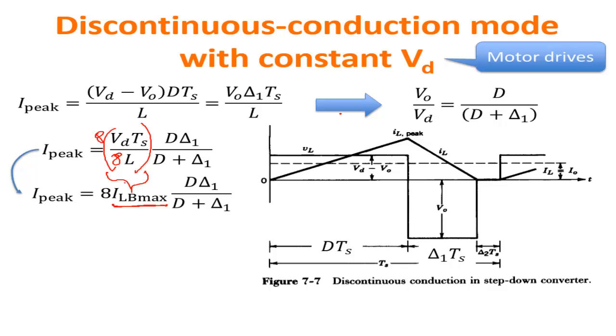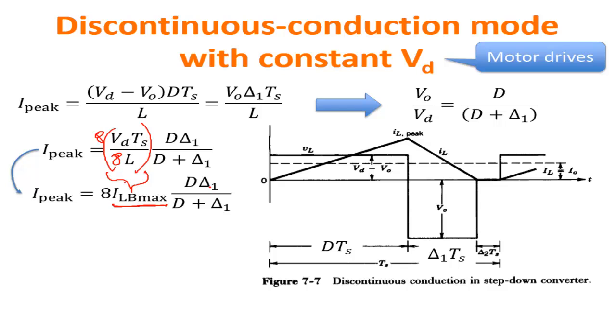Actually, we had already defined that, and this is the maximum current that you can have when you change the duty cycle, and in particular when you have a duty cycle equal to 1/2. If the duty cycle is equal to 1/2, you are in the limit of continuous conduction. Also delta 1 is equal to 1/2.